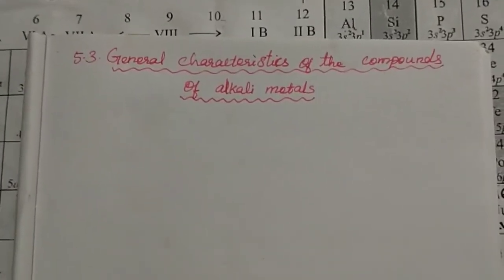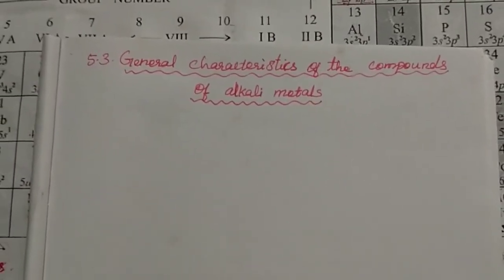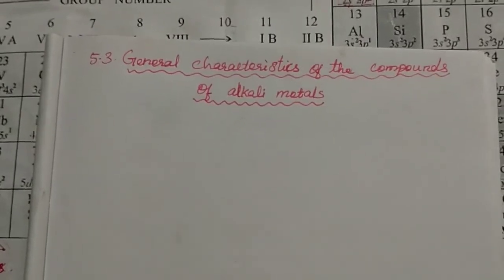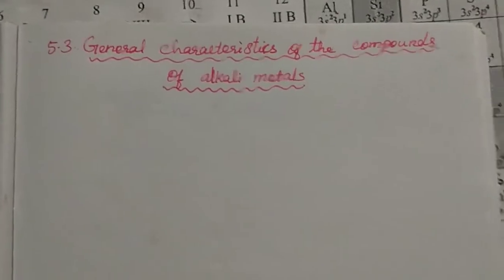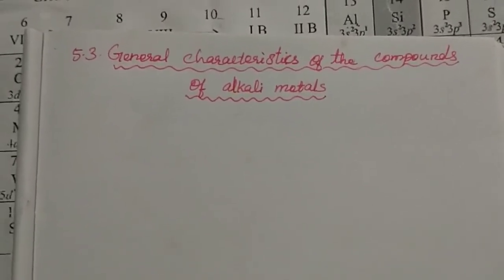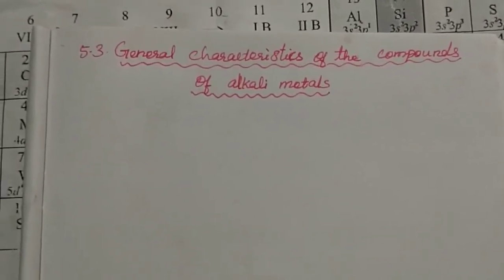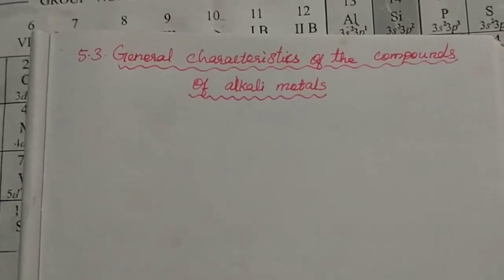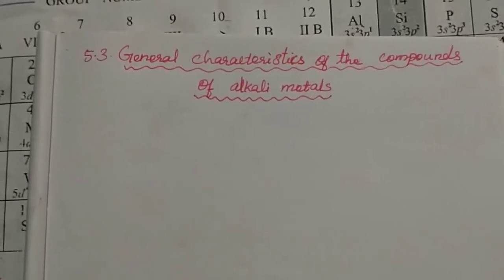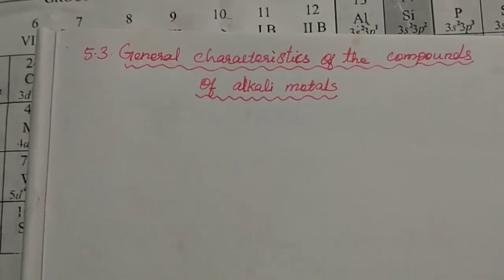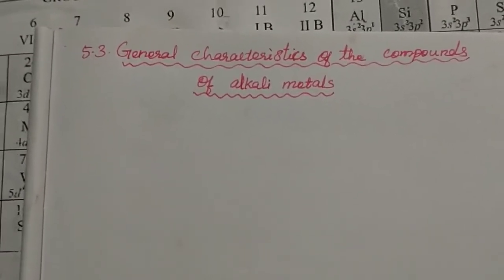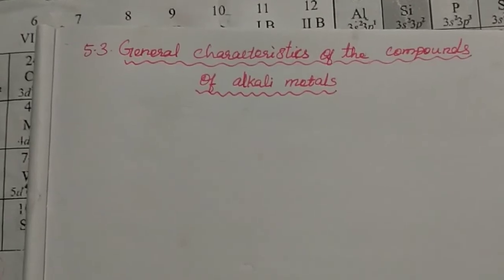They can form oxides, hydroxides, oxosalts, halides. So, in this session, we will discuss the general characteristics of the compounds of alkali metals. That means alkali oxides and hydroxides, then halides and oxo acids.